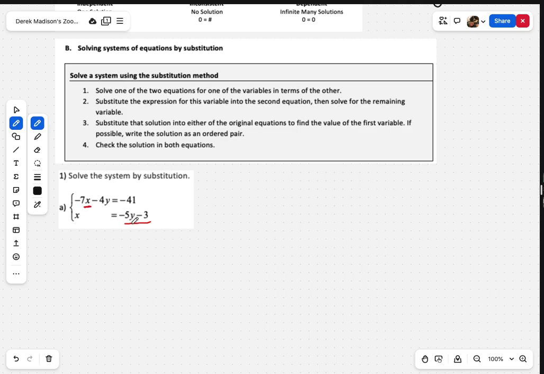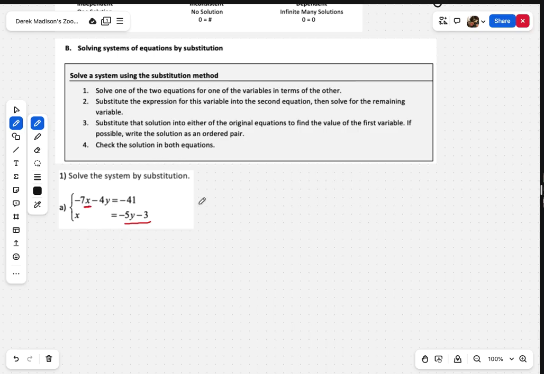So once we know y, we'll plug into here, and that's going to give us x. And then if I was going to be really diligent, I would then plug x and y into this first equation and make sure that it checked and came out to negative 41. But that's how you check, is to substitute the point into the equation you hadn't already used to solve.